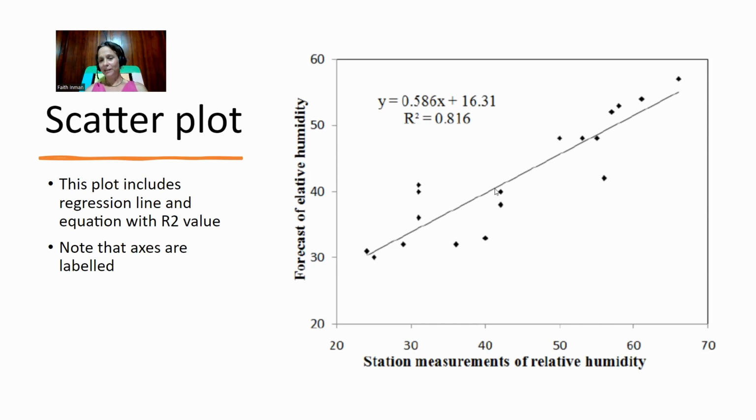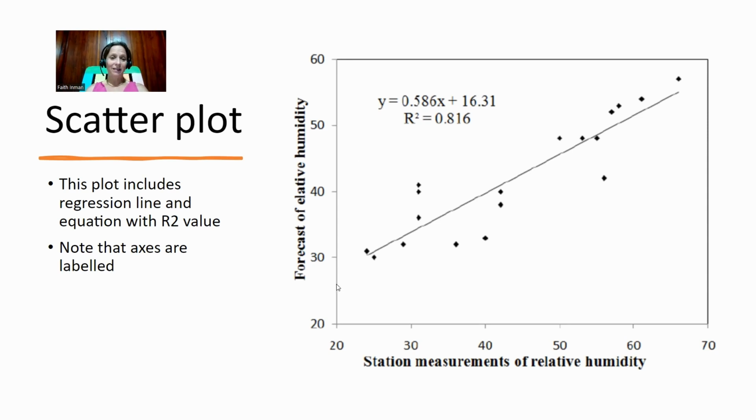So this line here is called a regression line. Each one of these points represents a measurement. And up here, what we have is y equals 0.586x plus 16.31. This is called the regression equation. You might remember this from other classes.